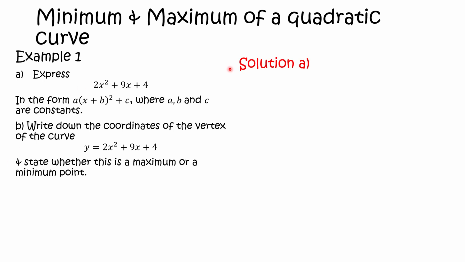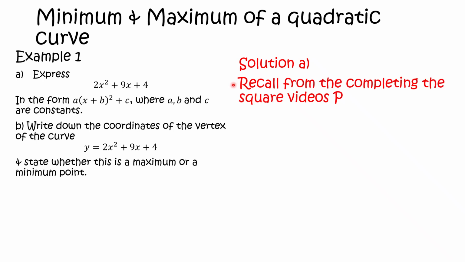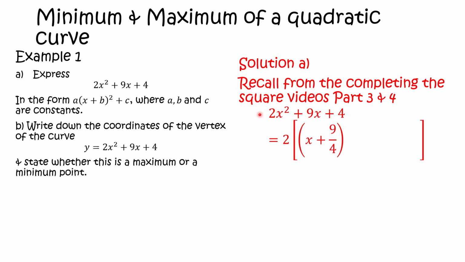The solution for A. Recall from the completing the square videos, part 3 and 4, 2x squared plus 9x plus 4 can be expressed in this form, where we factor out the 2 to make the coefficient of x squared be 1. From there, we put the x and half of the coefficient of x, which is 9 over 2.